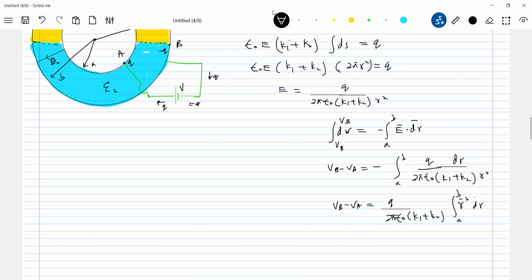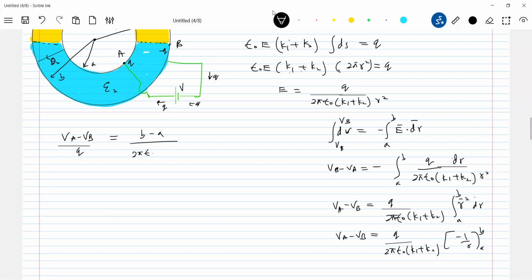So this is AB. Negative sign, so this will become VA minus VB. So this should be equal to minus 1 by r from A to B. Here we'll write that everything should be equal to B minus A by 2 pi epsilon naught K1 K2 AB.